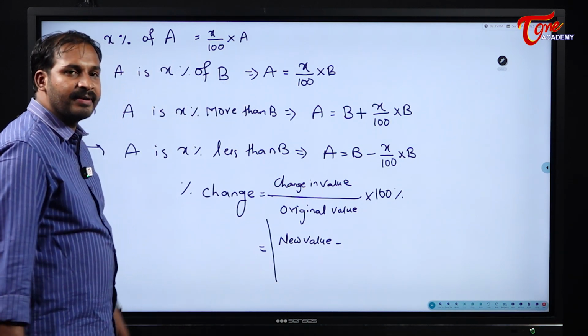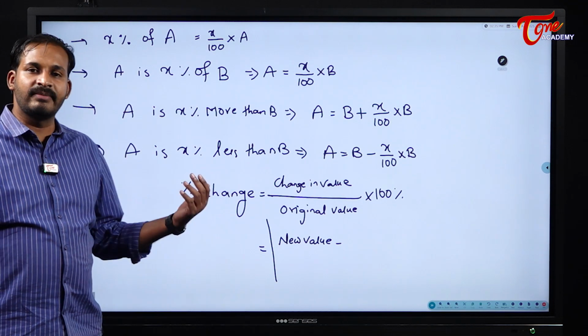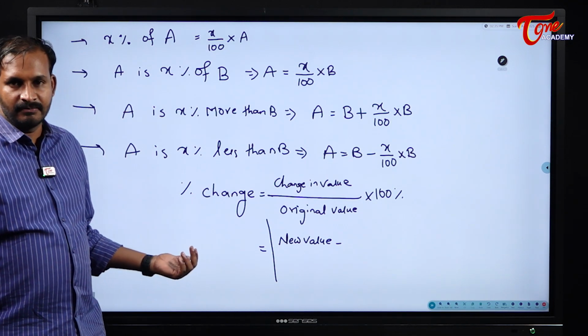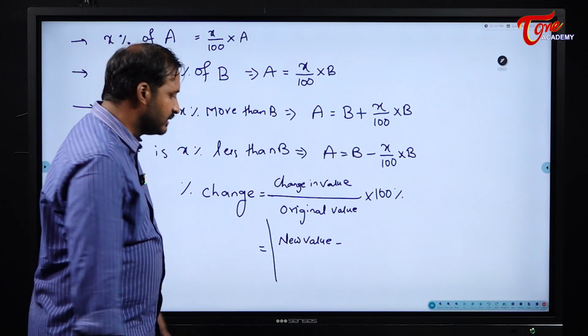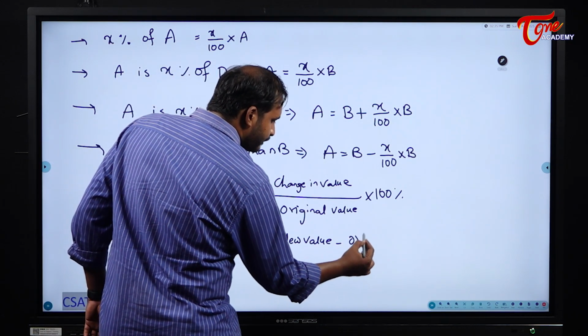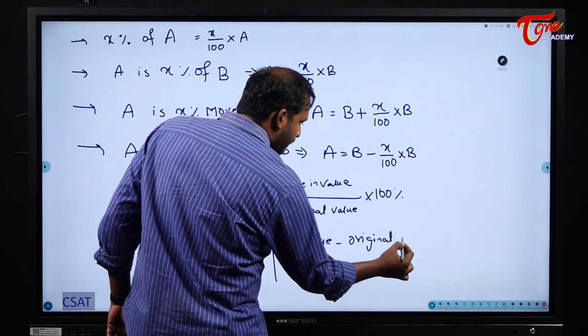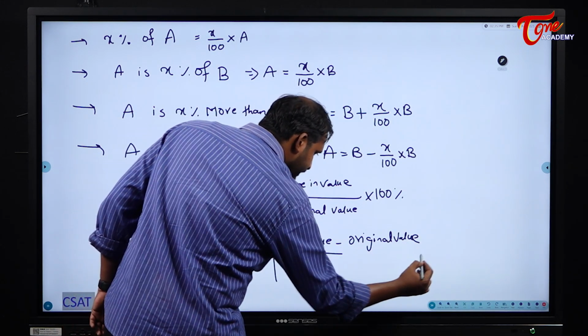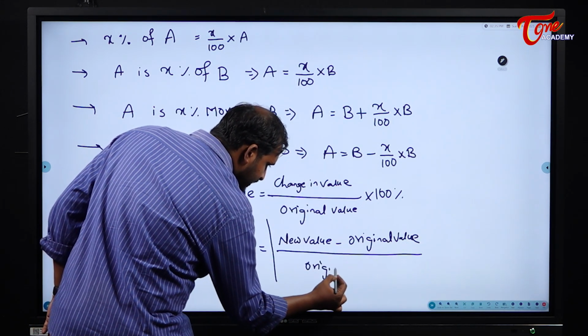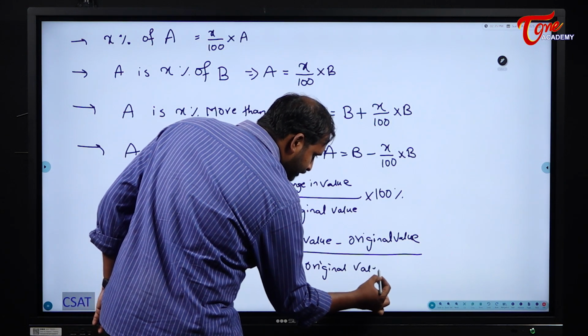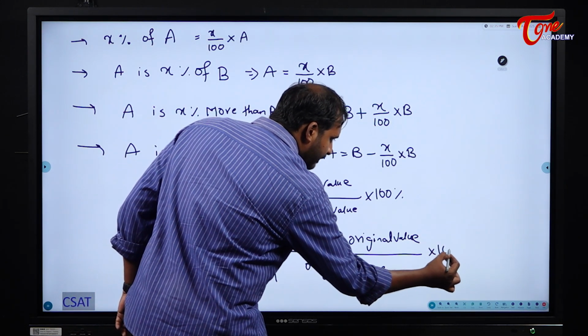The reason is, sometimes the new value may be bigger, or sometimes the original value may be bigger. So percentage of change is mod of new value minus original value, by original value, into 100%.